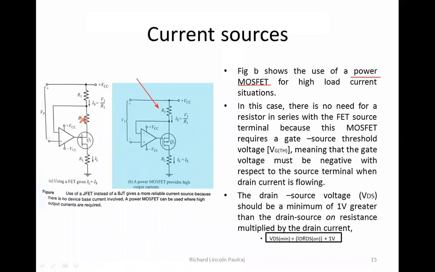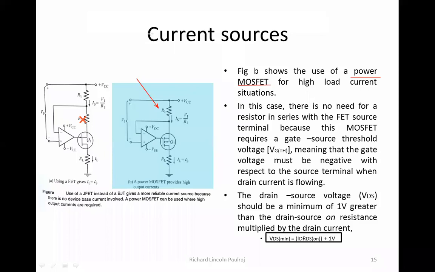So that I do not have to depend on the resistor R2. Now the drain to source voltage, VDS. As I told you, it has source, gate, drain, so when I say drain to source, it means these two terminals. Drain to source voltage should be minimum 1 volt greater.